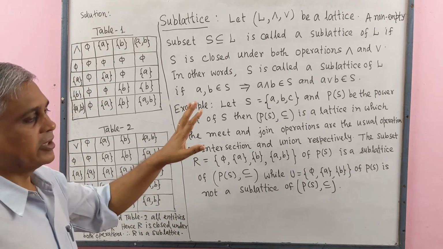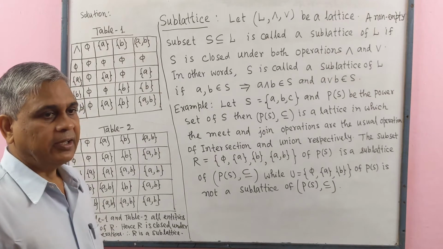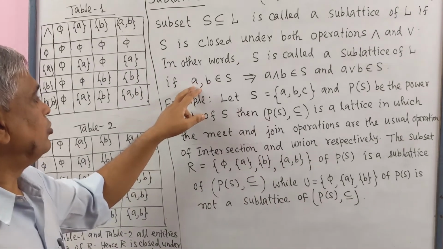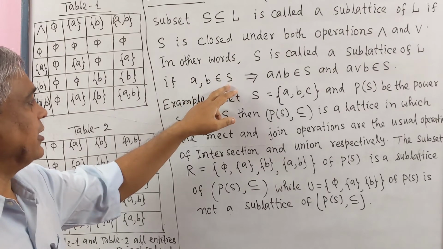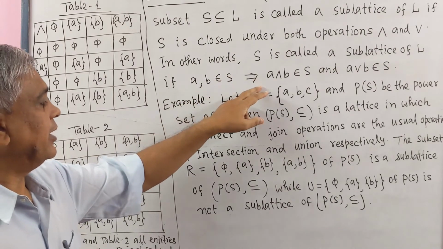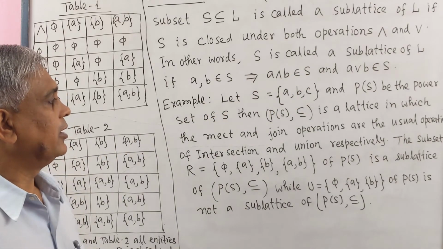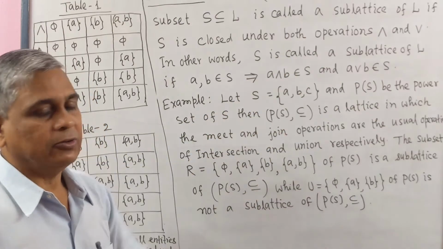In other words, S is called a sublattice of L if a, b belong to S implies that a meet b belongs to S and a join b belongs to S.